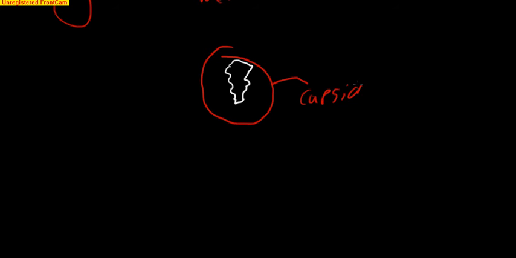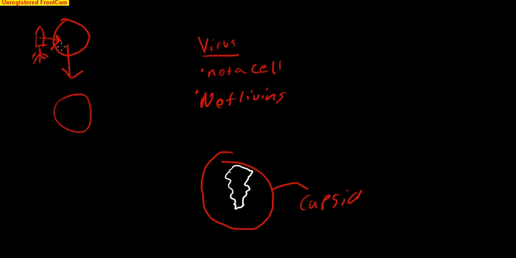Now, basically what happens, I believe, I'm not quite sure, is as this virus enters a bacterium and then leaves, it's going to take part of the lipids from this cell membrane, and it's going to use that to make a covering over the capsid. So the virus is going to replicate inside the bacteria, and as it leaves, it's going to take some of the lipids from this cell membrane, and it's going to make something called a glycoprotein receptor.